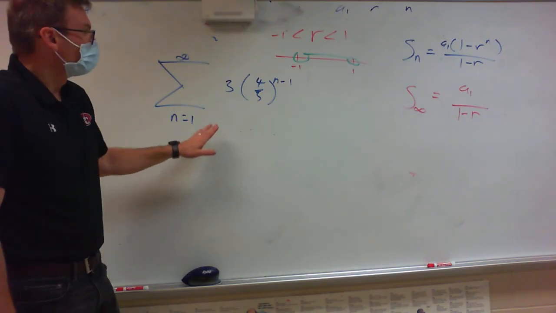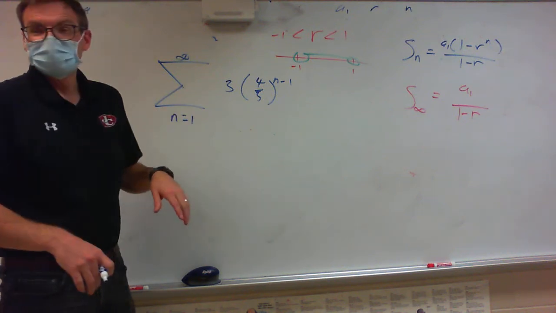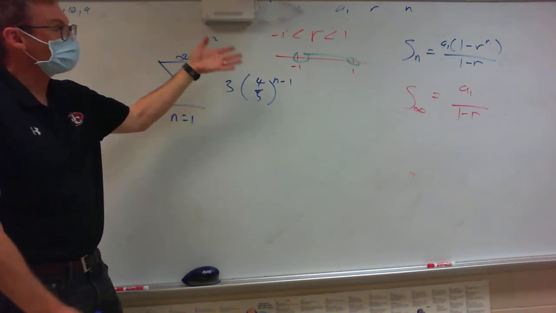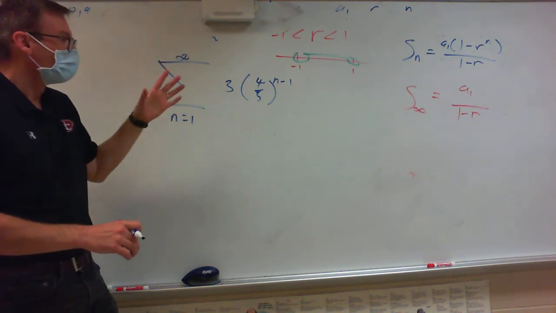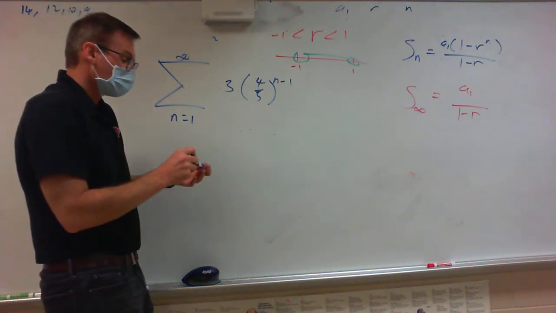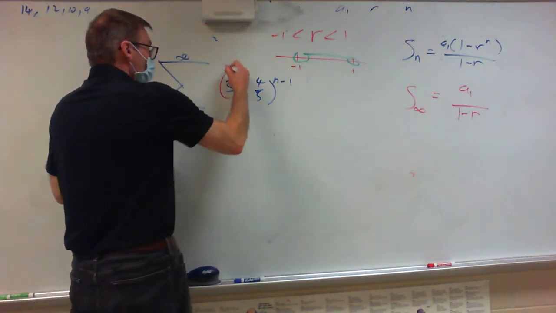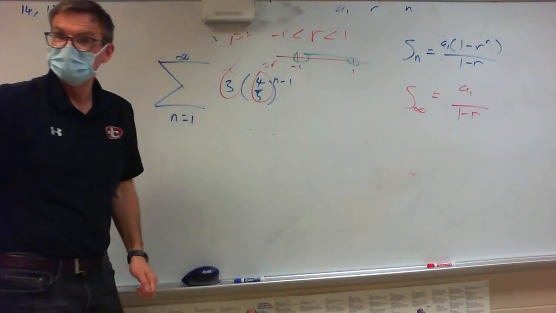When you see this off to the side, believe it or not, this represents an infinite geometric series. This part tells us the infinite part. And to do an infinite geometric series, you need to know your first term and your common ratio. Well, this is your first term, and this is your common ratio.